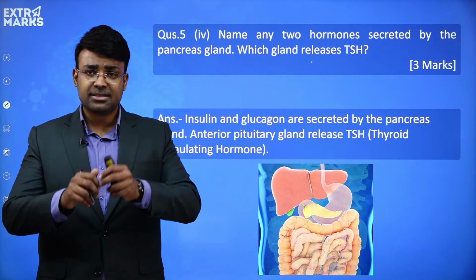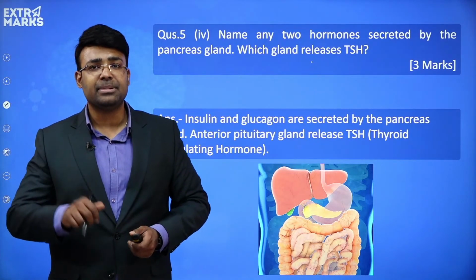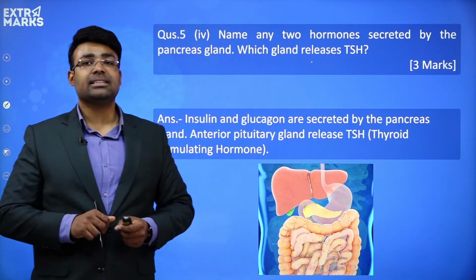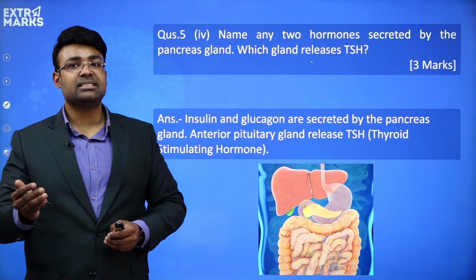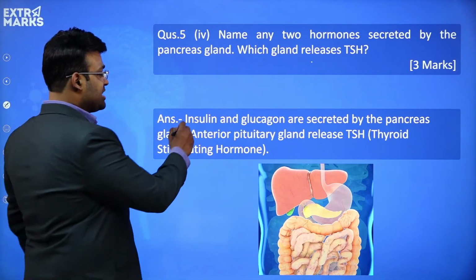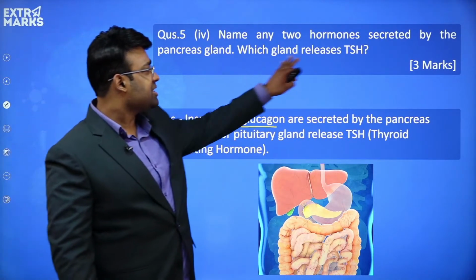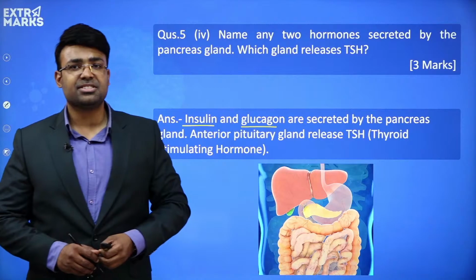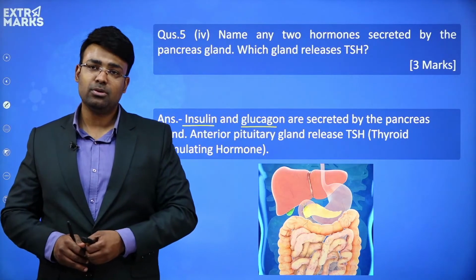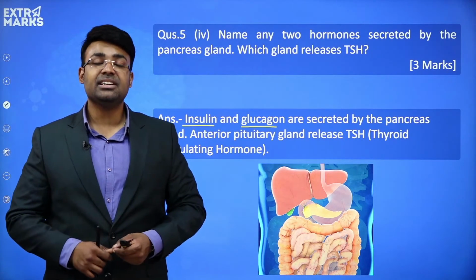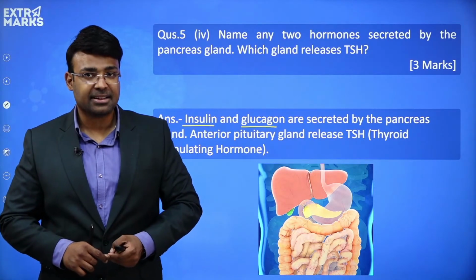Two types of cells are found, the alpha cells and the beta cells. Alpha cells secrete glucagon whereas beta cells secrete insulin. So insulin and glucagon are secreted by the pancreas. Which gland releases TSH? TSH stands for thyroid stimulating hormone, and as the name itself suggests, it is released by the thyroid gland. Clear?